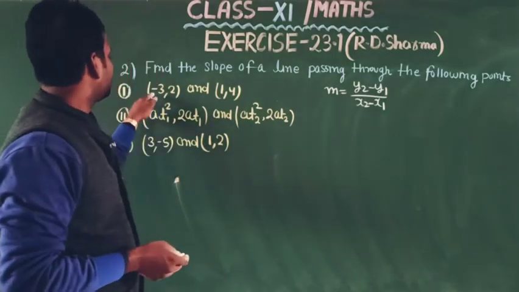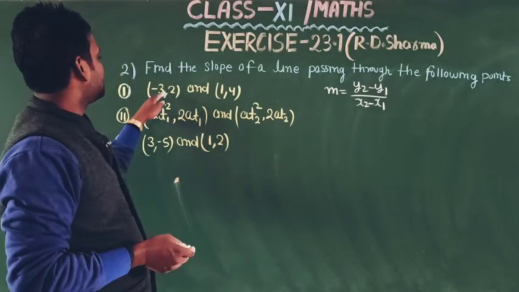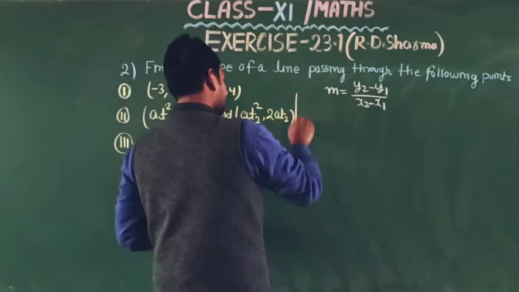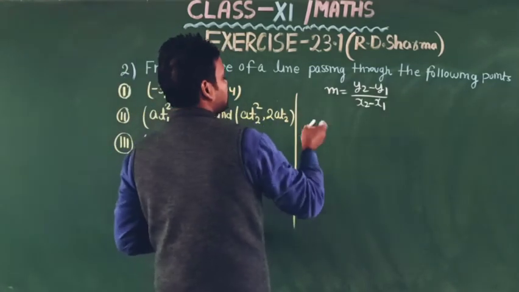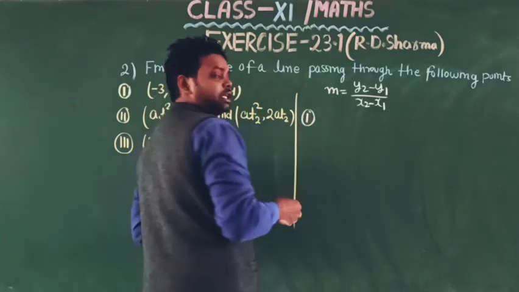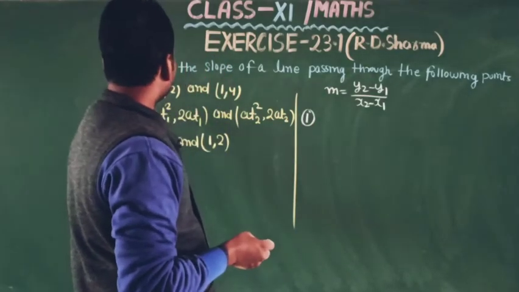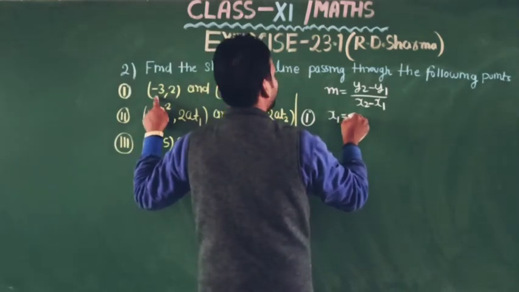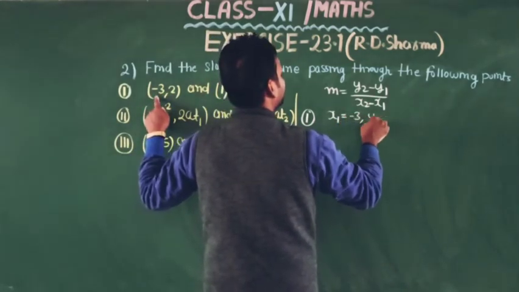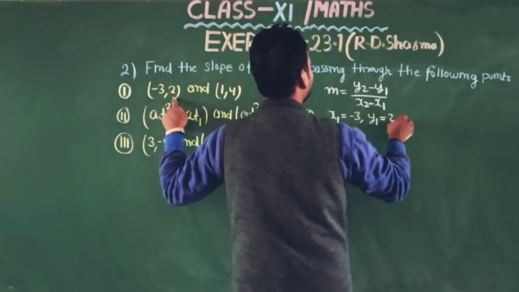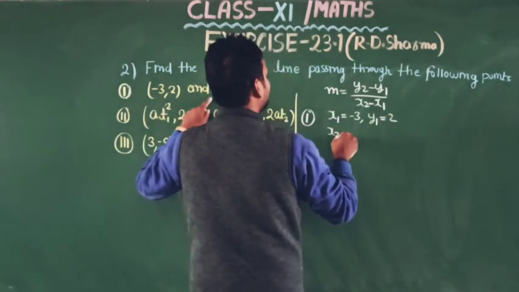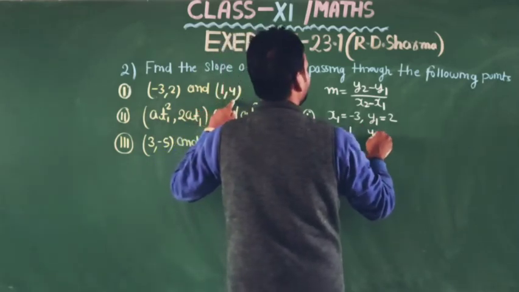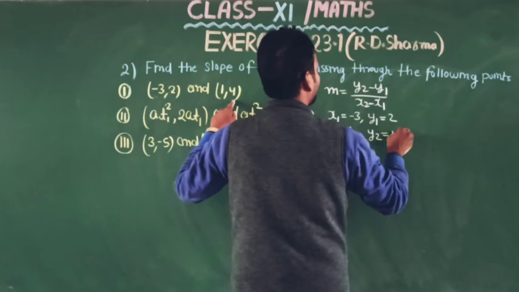The slope of a line passing through (-3, 2) and (1, 4). So dear children, here x1 equal to minus 3, y1 equal to 2, x2 equal to 1 and y2 equal to 4.